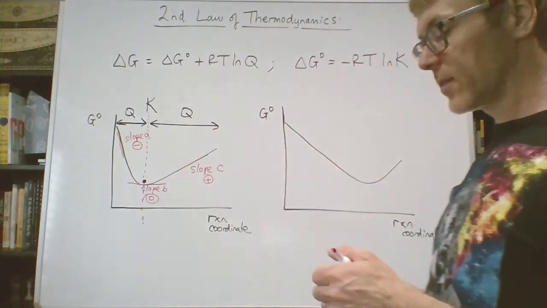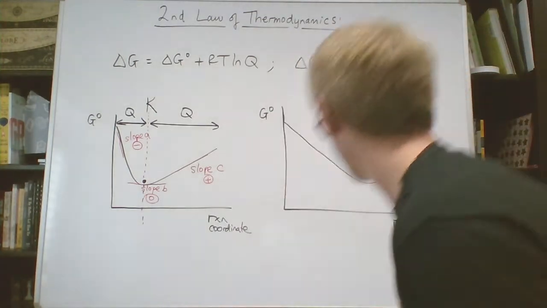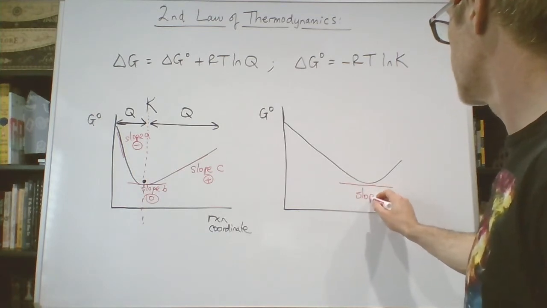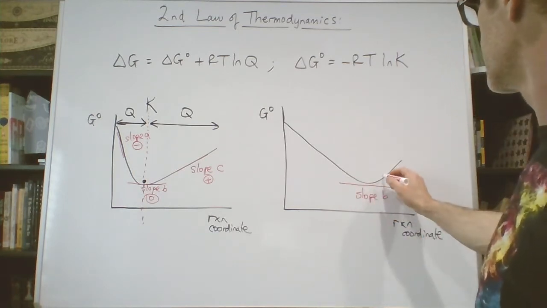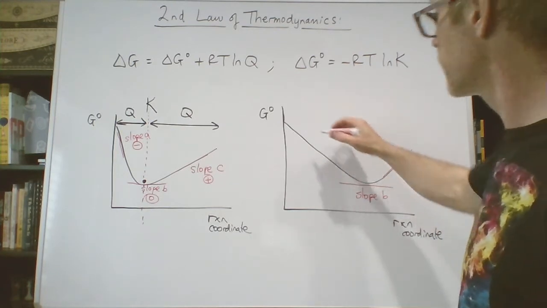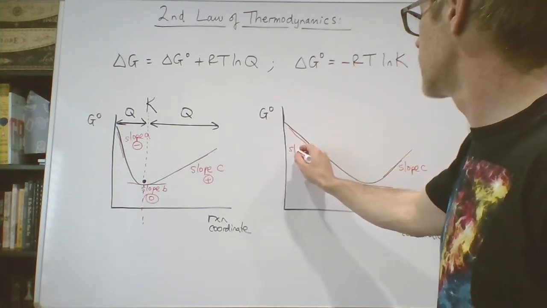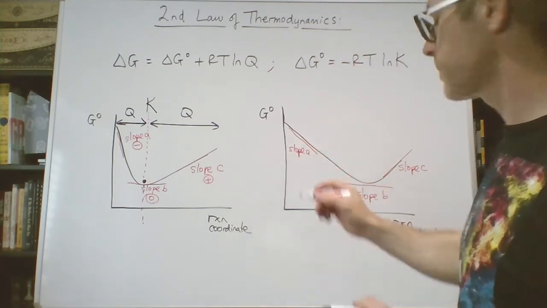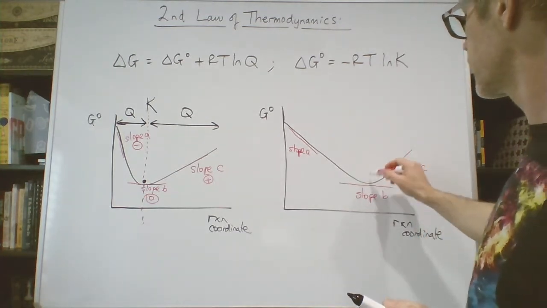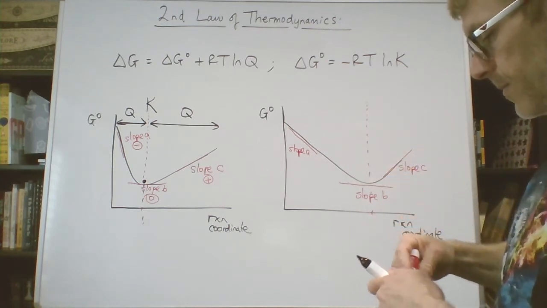Let's quickly annotate this graph, and you'll see the same idea. So we have slope B. We have a positive slope C. We have a negative slope A. You'll notice the only difference in my slopes, let's quickly put the equilibrium position in again.